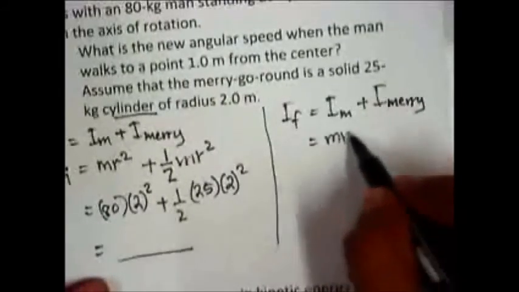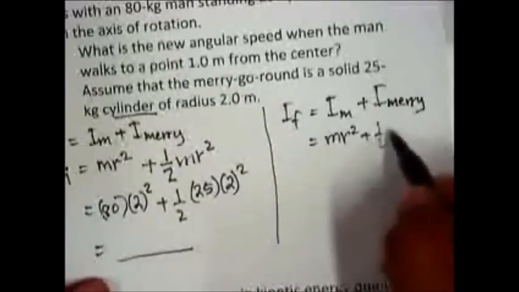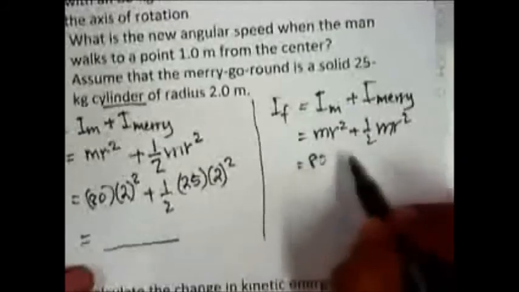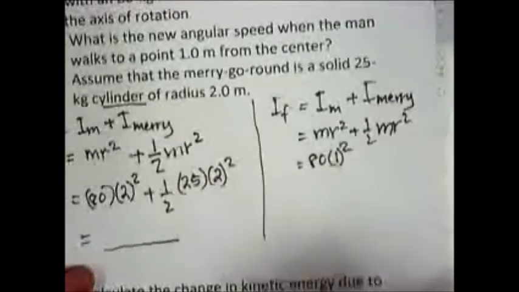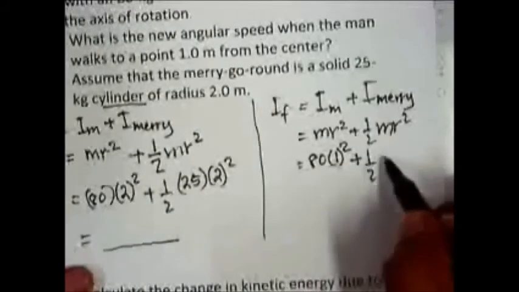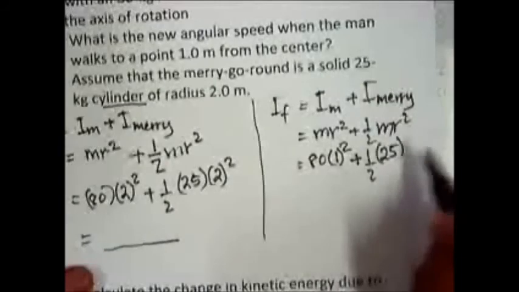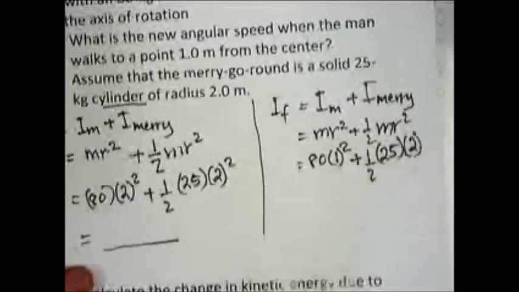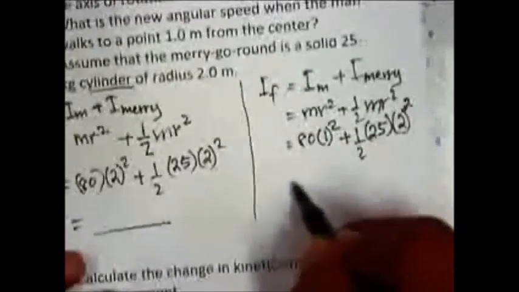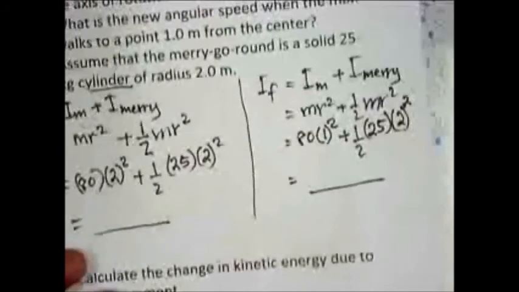Again you'll use mr squared plus half mr squared, but this time you have 80 into 1 squared, because he is now 1 meter away from the center. And this one stays the same, 25 into the radius of the merry-go-round, which is still 2, so 2 squared. So you find that moment of inertia.